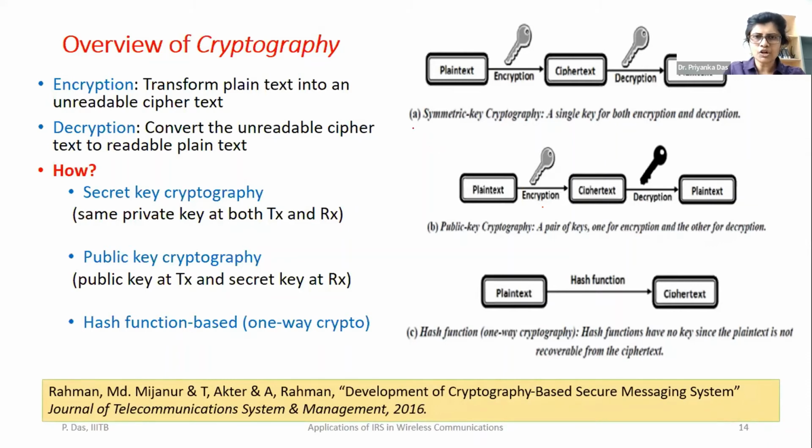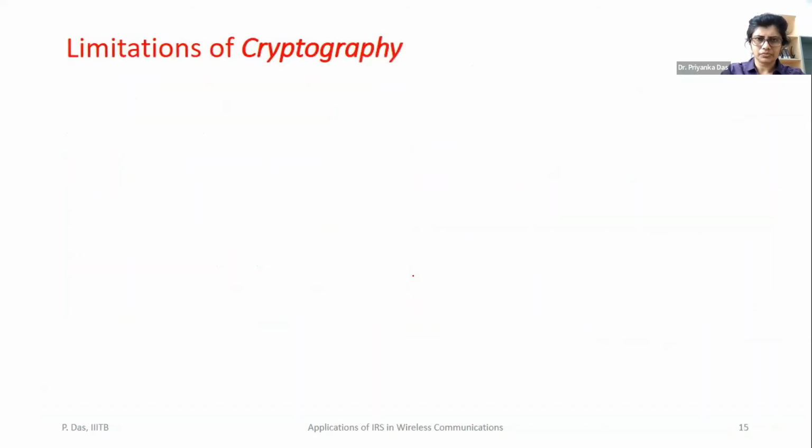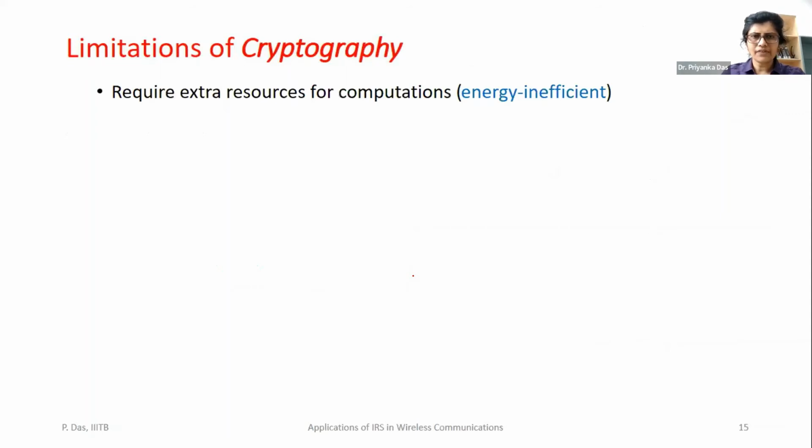Okay, this is the normal approach of meeting your security in communication. There are some limitations. First, it requires extra resources for computations. You have to make your cryptographic algorithm really secure, so that a brute force attack and such things will not be able to break the algorithm.